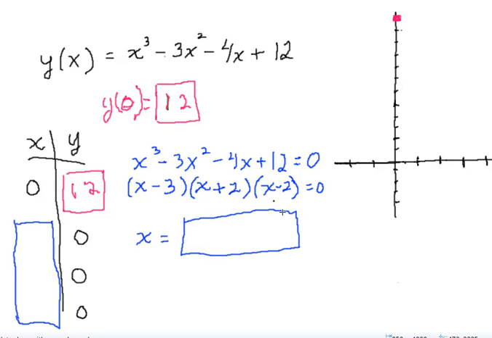Okay, we want to set each one in turn equal to 0, because this product will be 0 if any of these factors are. Setting the first one equal to 0, solving for x, x equals 3. Here, that will be 0 when x equals negative 2. This factor will be 0 when x equals positive 2.